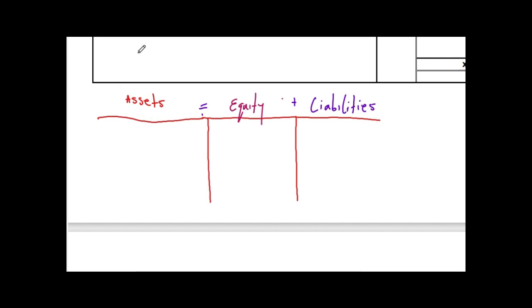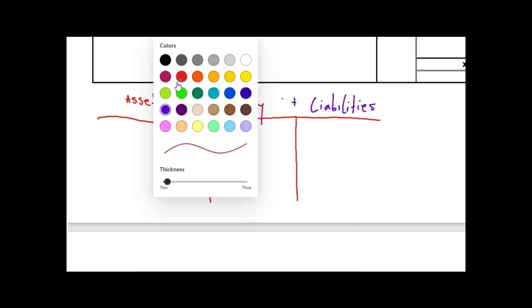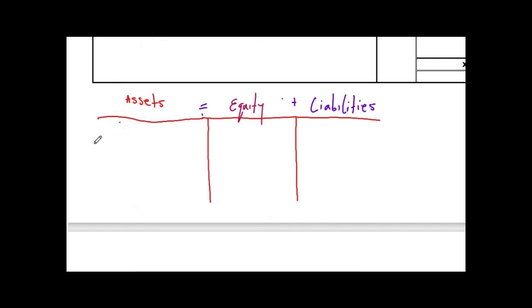Normally, under our assets, we have two types of asset. The first is non-current assets, and the second is current assets.